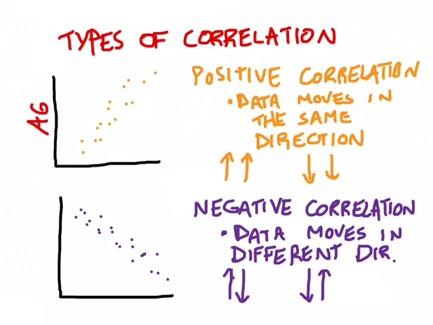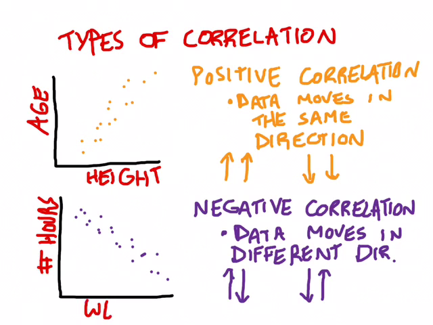As people get older, we expect them to get taller. An example of something that might get us a negative correlation might be number of hours of exercise and somebody's weight. We generally expect that as people exercise more, their weight goes down. And as they exercise less, their weight goes up. So those things are moving opposite to one another.